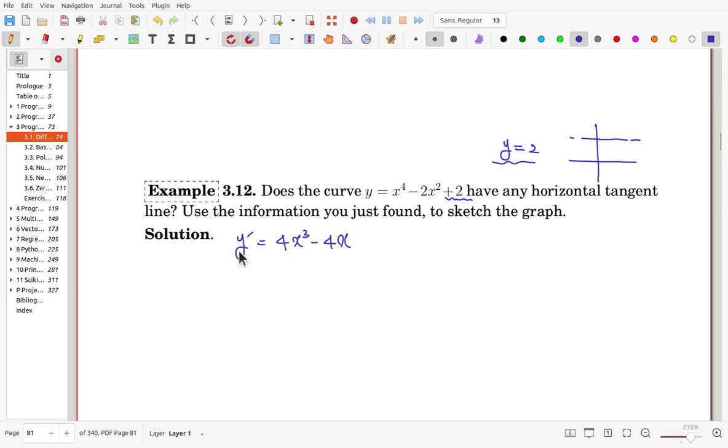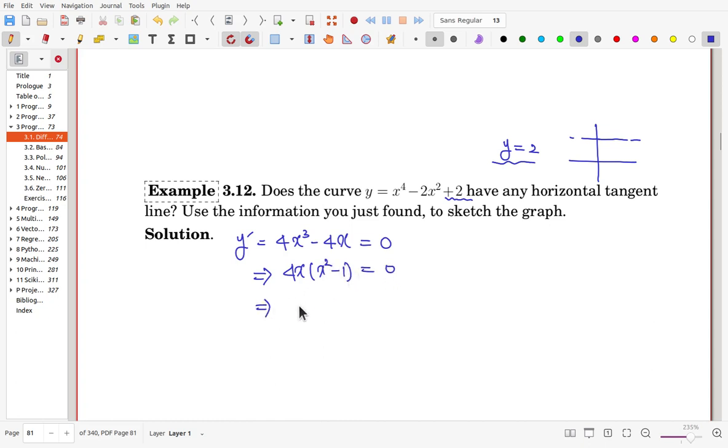Okay. So we reach the derivative of the given function, and we have to find the points where the slope is 0. So let's set it equal to 0. Then from this one, now 4x is common, and then that is x squared minus 1 equals 0.